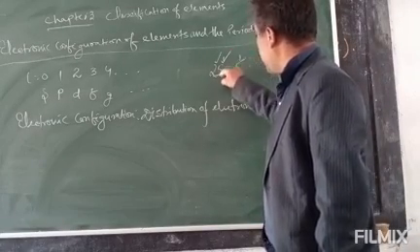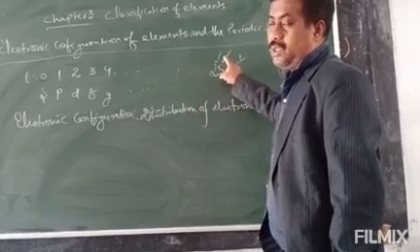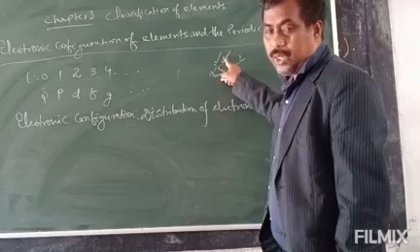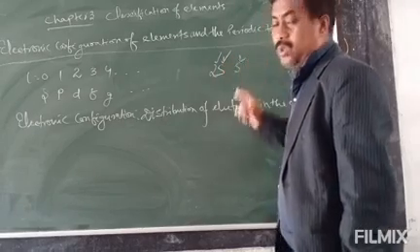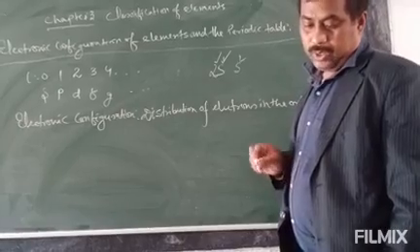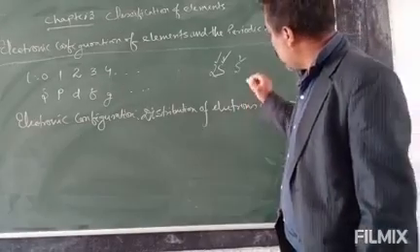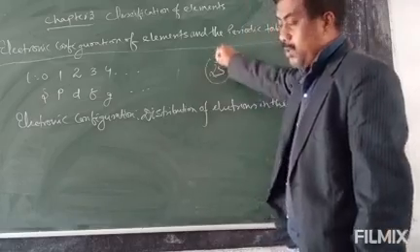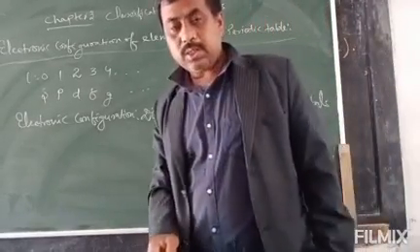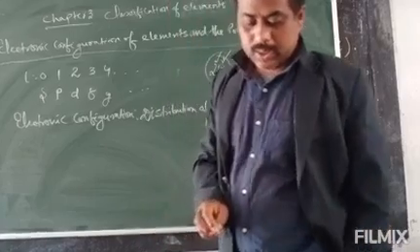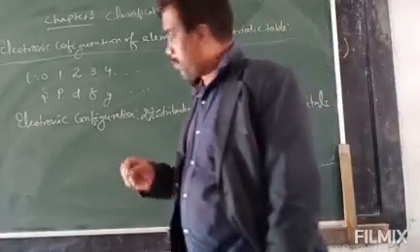If it is 1, then it is in the first group. If it is 2, then it is in the second group. So like this, the last orbital in which the electron is filled indicates the position of the element in the periodic table.